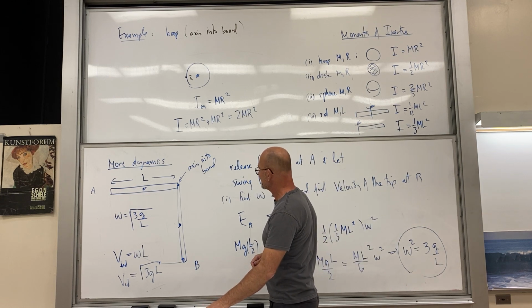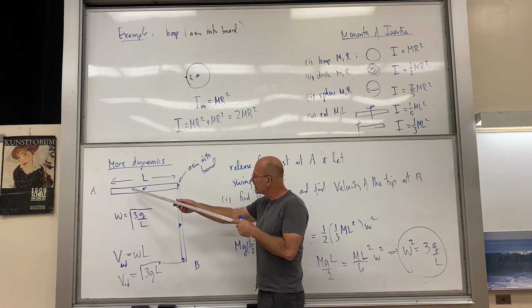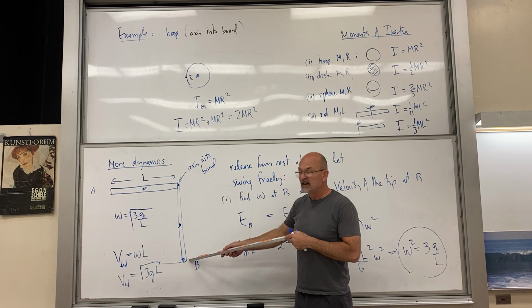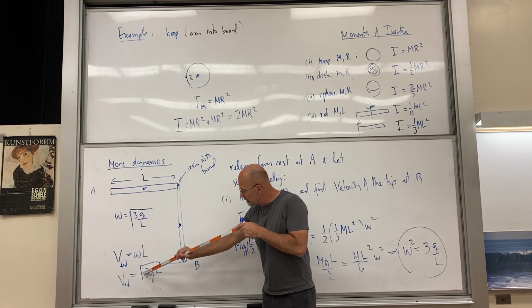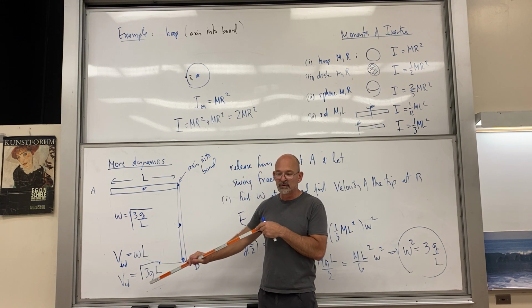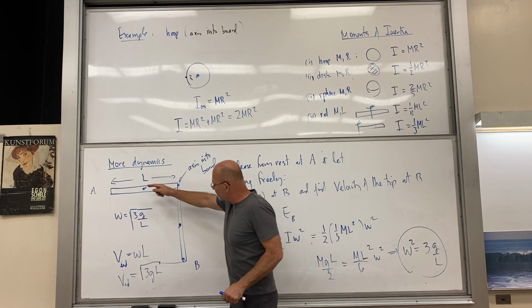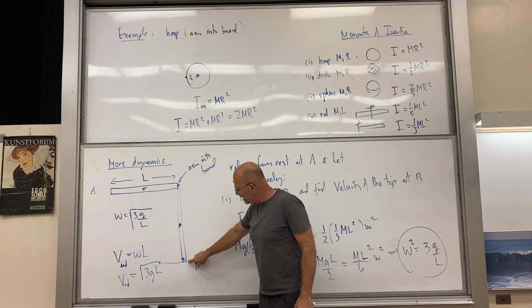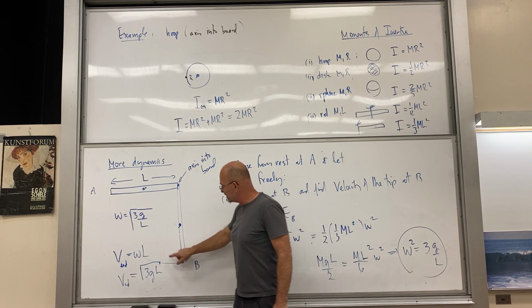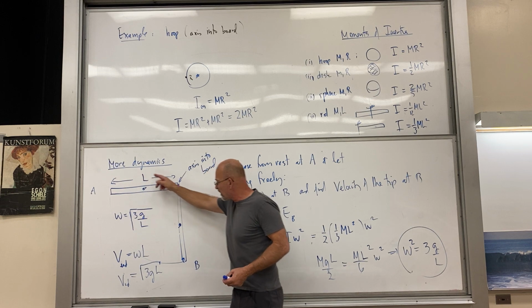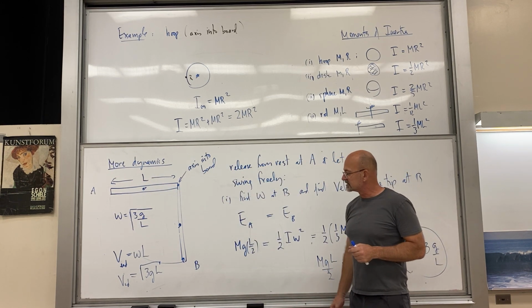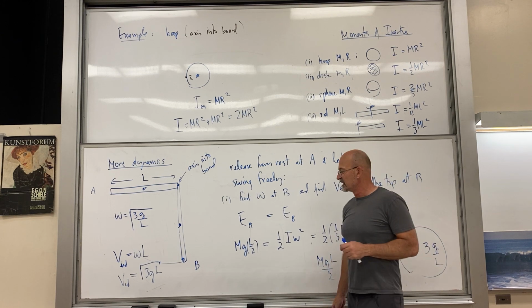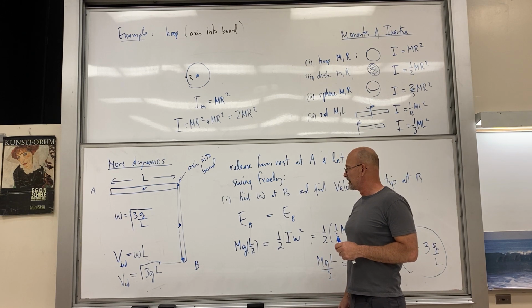Because if something falls through a distance L, energy conservation will tend to give us root 2GL, and 3 is greater than 2. So the tip is swinging faster than it would be if it were a point mass that had just fallen through that distance. And that has ramifications for other situations as well.